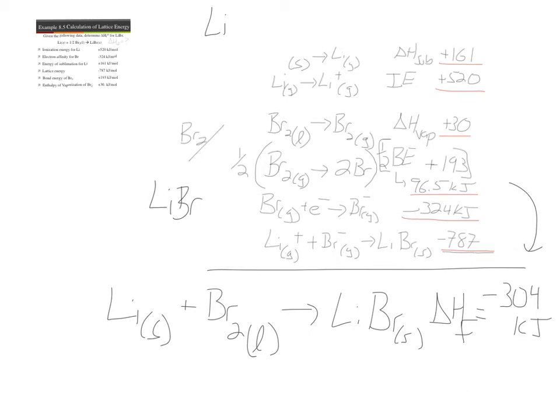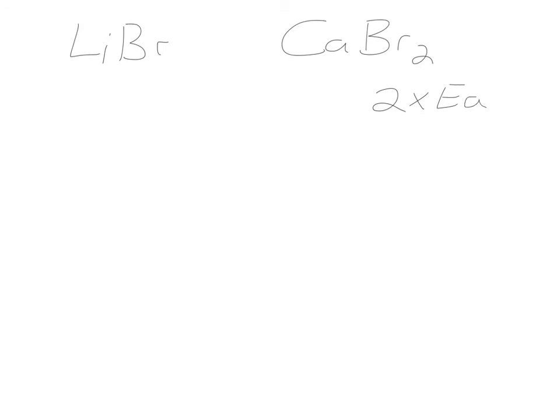Now, to solve these, you really need to be careful. This one was LiBr, and we needed one bromine and one lithium. So the one bromine comes diatomic. We needed half of that bond energy. What if we needed CaBr2? Well, this one has a little bit different criteria. Here we need the total bond energy to get both bromines. But for this one, we would need 2 electron affinities to get both bromines to be ionic.